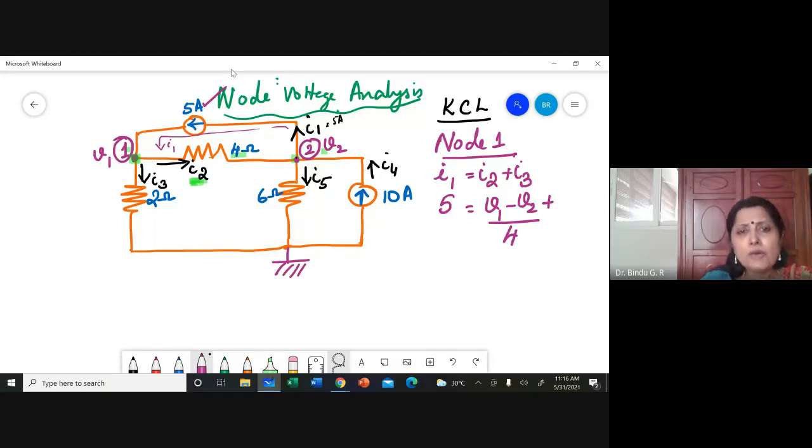This is considered to be 0. In node voltage analysis, I'll take a reference node. The whole of this is the same node, and this node is at 0 potential. So I3 is the current flowing through 2 ohm from V1 to the reference node. So I can write this as V1 minus 0 by 2. Hope this is clear to you, all of you.